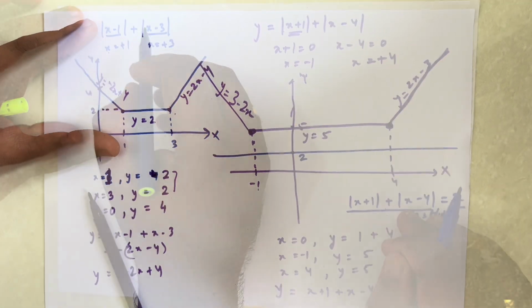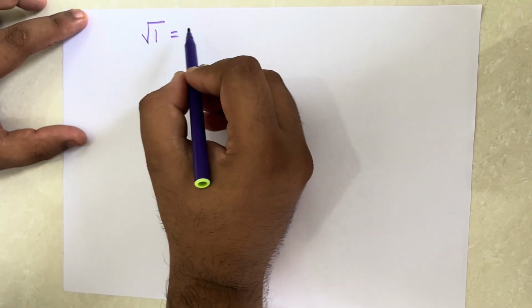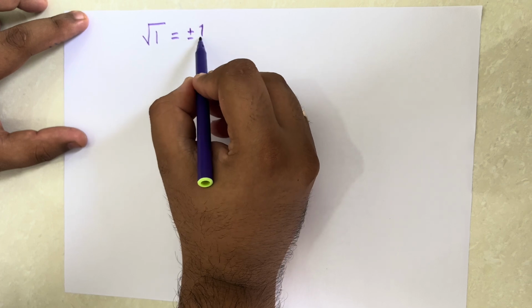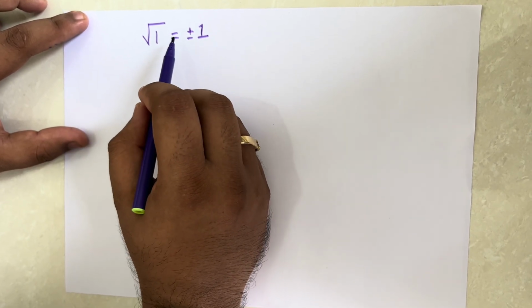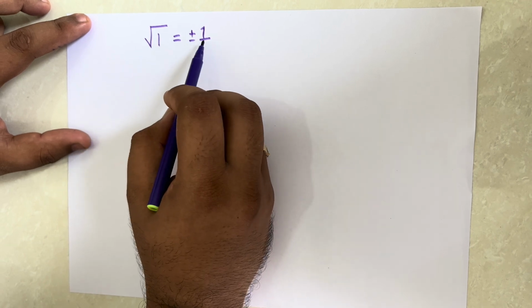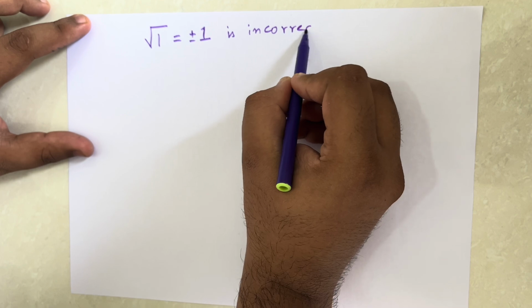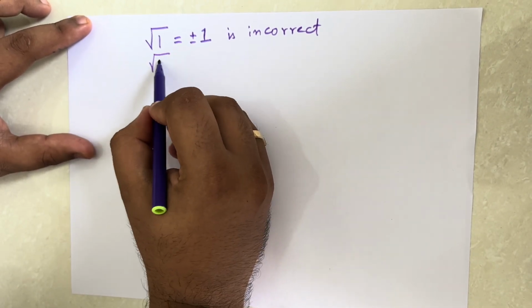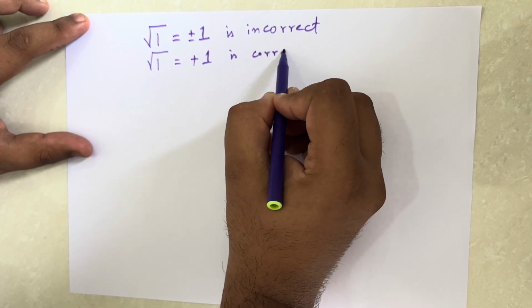Before going into that, let me tell you that root 1 is equal to plus minus 1. Many a time you must have seen people, even teachers, writing this: root 1 equals plus minus 1. This is incorrect. Root 1 is always plus 1. This is correct.